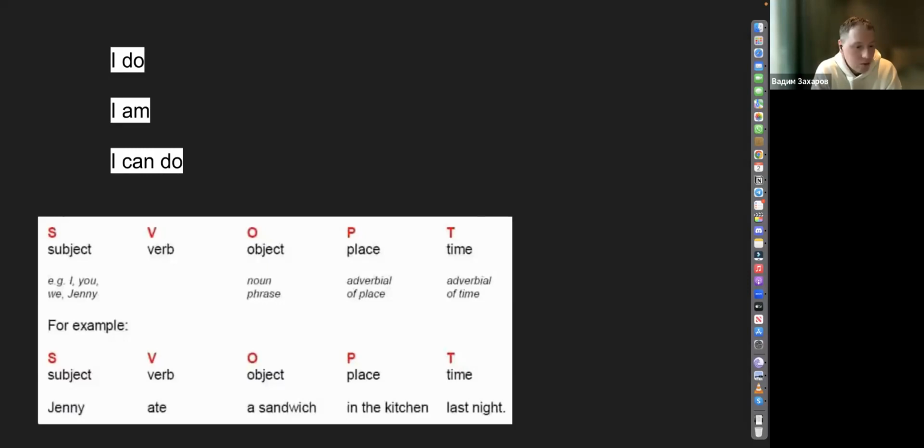I do, like I go, I sleep, I eat, I play. It's about verbs. I am, it's about how I can describe myself. I can say I'm a man, I am Vadim, I am from Estonia, I am married, for example. I'm a student. And then things that you can do: I can speak English, I can work, I can drive a car.